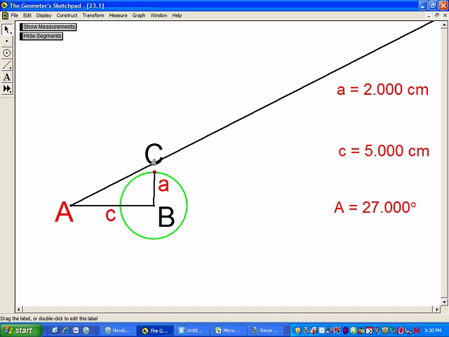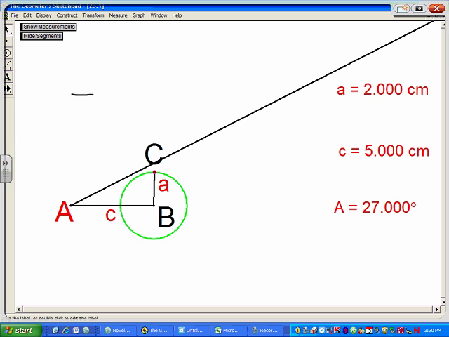Think about it. If I had a length of 10, and this was 4, and this was 3, they wouldn't meet, right? This one would have to at least be 5, and this one be 5.1 maybe.